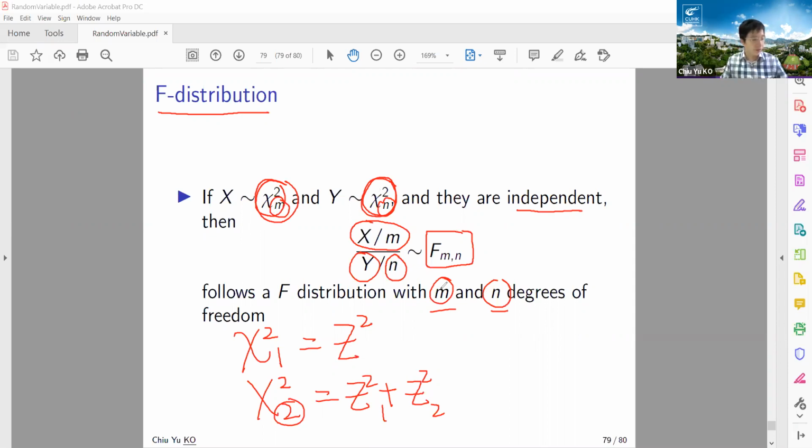And what is degree of freedom? Later we'll see in the application. You can imagine m degrees of freedom is like how much thing you can change. It's not easy to explain at the moment. You can think of m and n as the input.